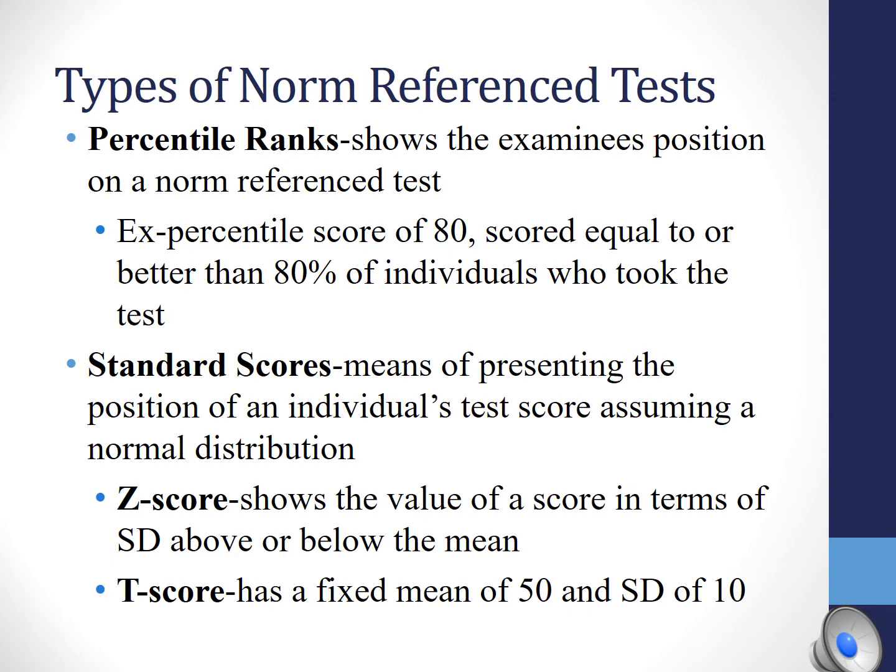However, 25% of those scores are higher than the 75%. Stanine is short for standard nine, which converts a distribution into 9 parts, 1 to 9, with 5 being in the middle and a standard deviation of 2.